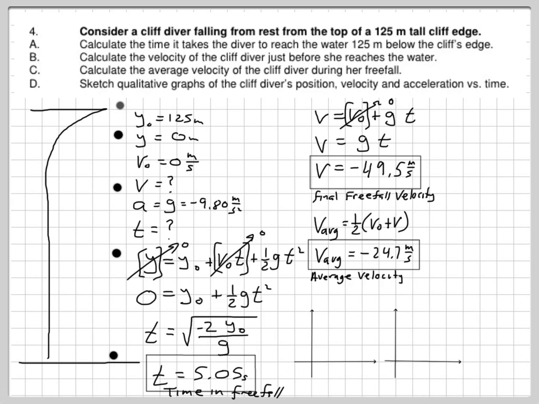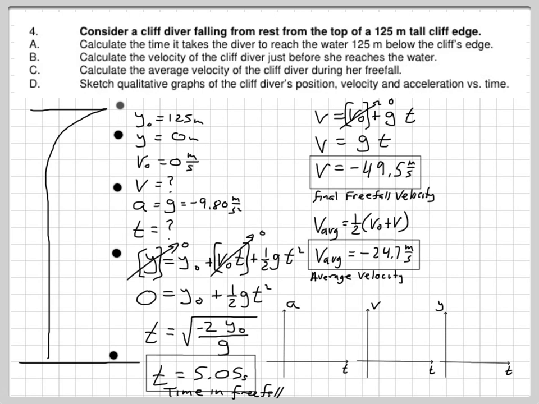There we go. And then the last one. I'll just shuffle those over a little bit. And then the last one is going to be about like this. Yeah, good enough. Alright, so each of these has the time axis. And then I'll make this one the position, the velocity, and the acceleration.